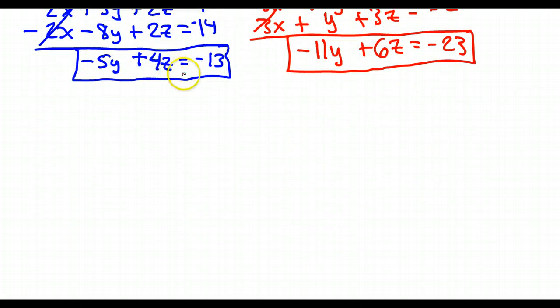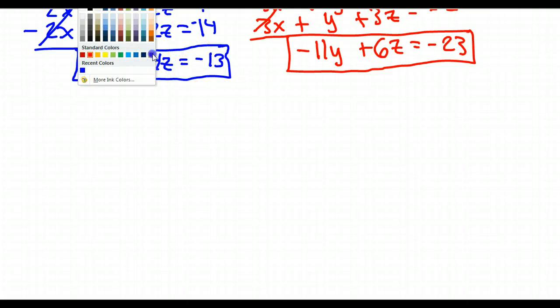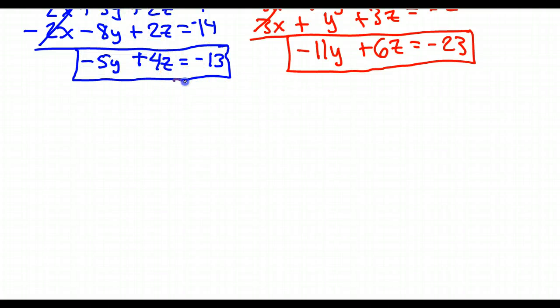Alright, now all that's left is to take these 2 equations and treat them as a new system. So we'll put these 2 equations together into a system and solve it either by elimination or substitution. Now looking at these equations, I'm thinking elimination once again, because look at all these coefficients.